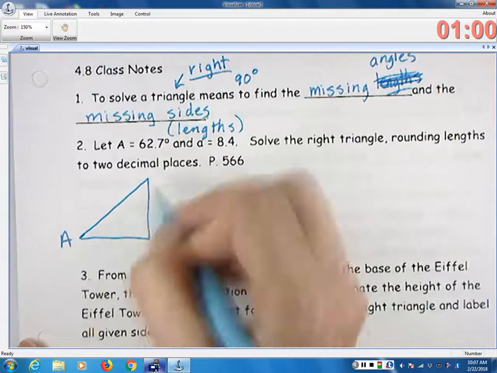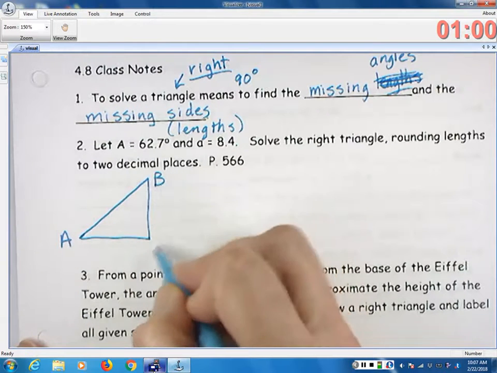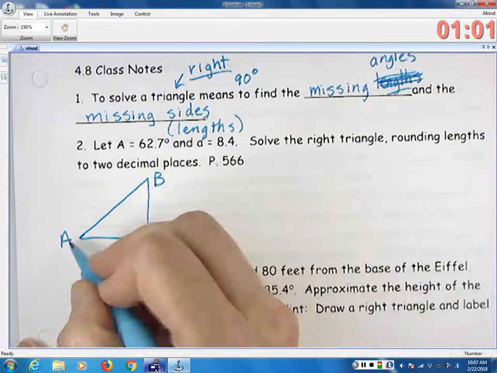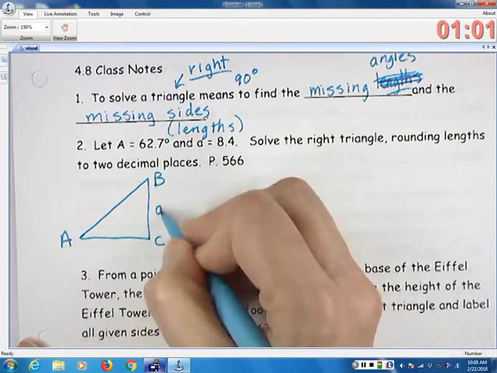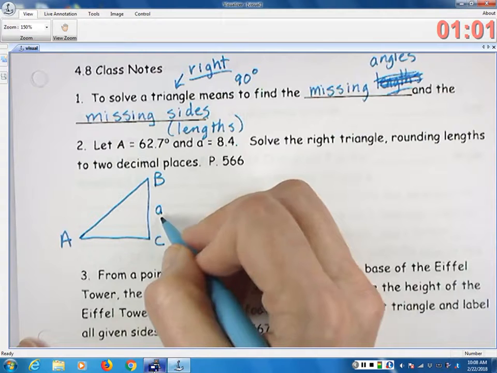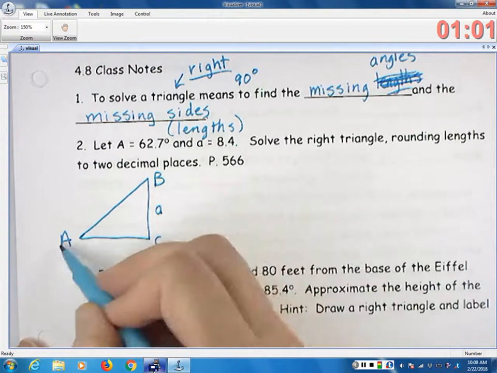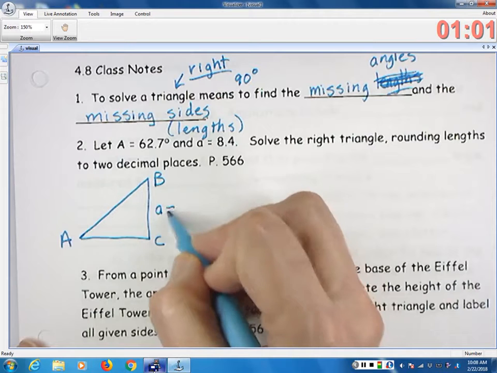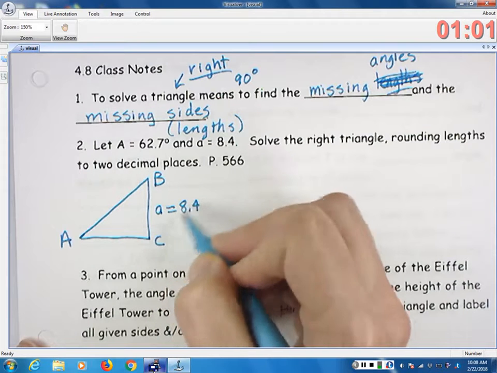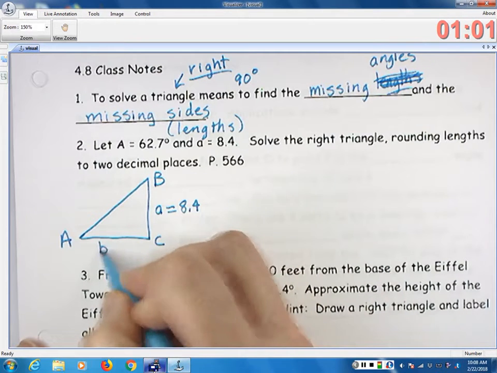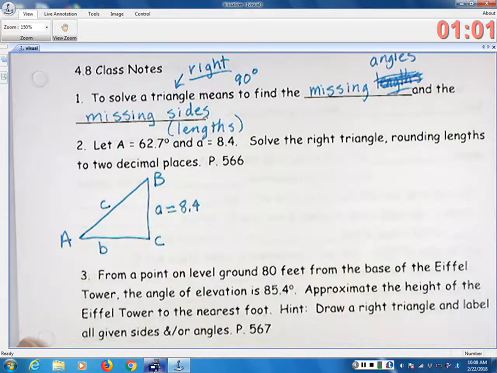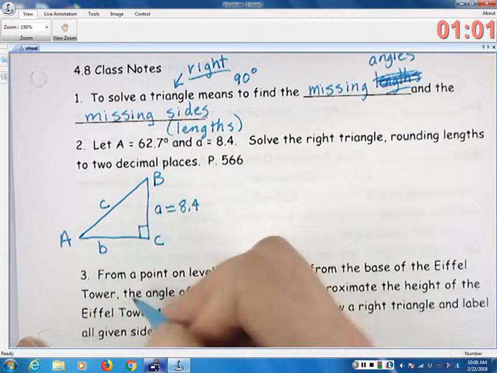We've got angles A, B, with the capital letters, and across from the angles are the lengths of the sides with small letters. So little a is directly across from angle capital A, and that's given to us as 8.4. We don't know what B is, and we need to find C. And this is a right triangle.